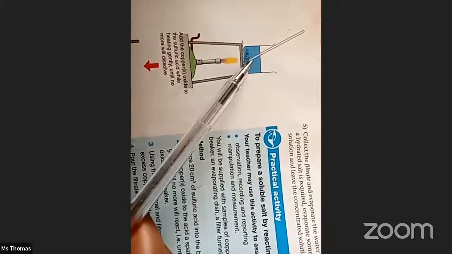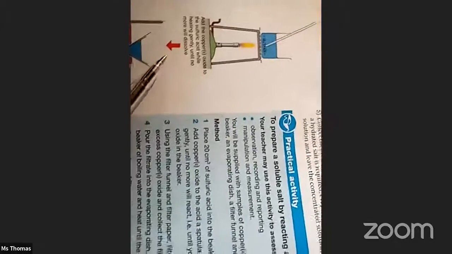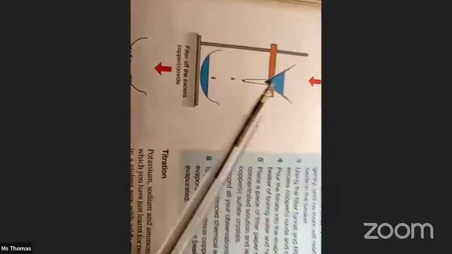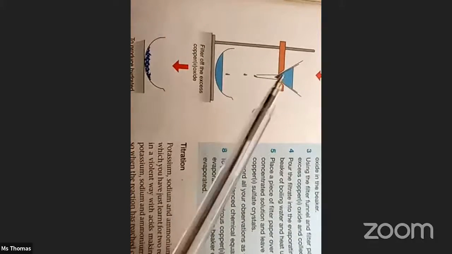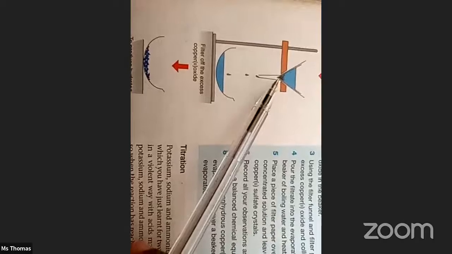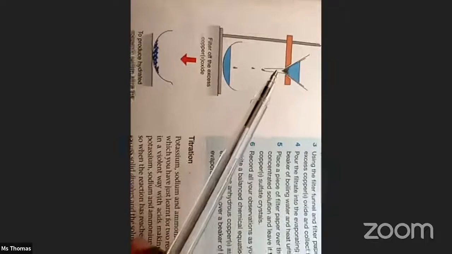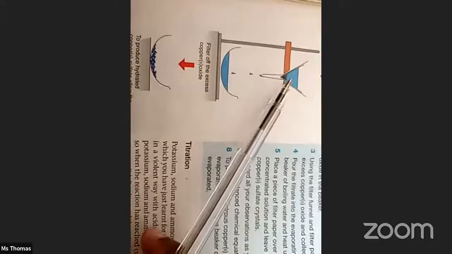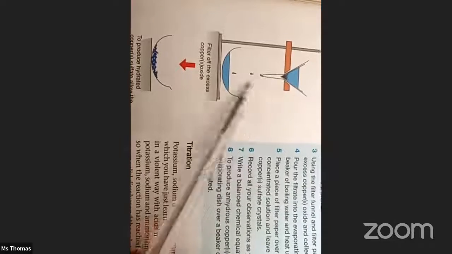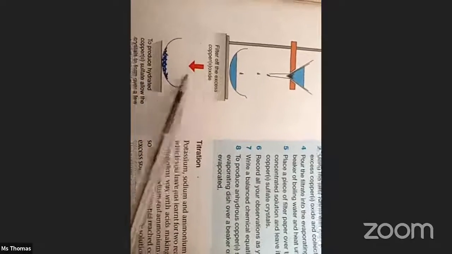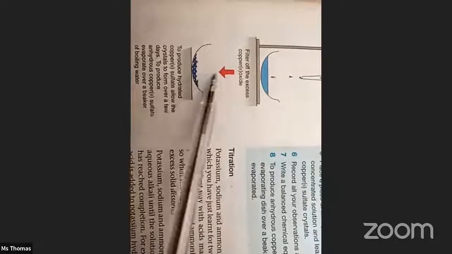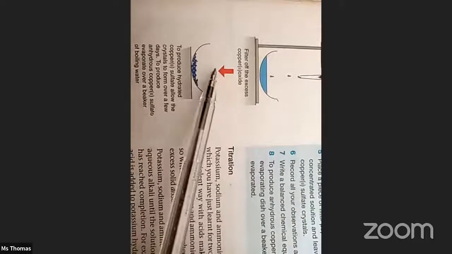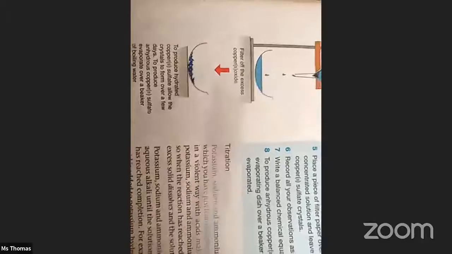Yes, miss. All right. Now, the second thing is they are going to filter off the excess. If it was soluble, there would be nothing to filter, right? But it's insoluble, so you have to filter off the excess. Then you heat it and cause the water to evaporate, and you will get your crystals.